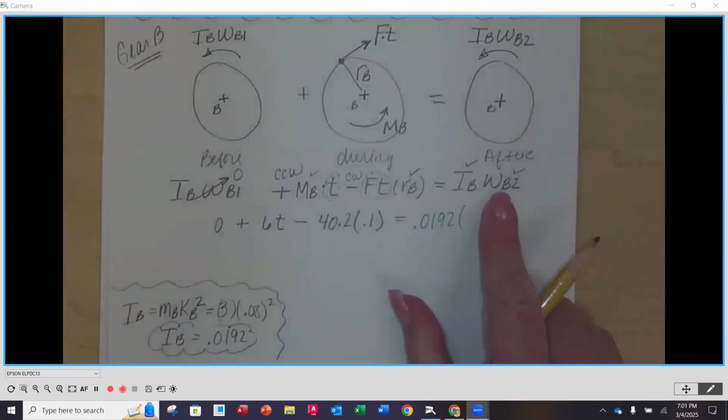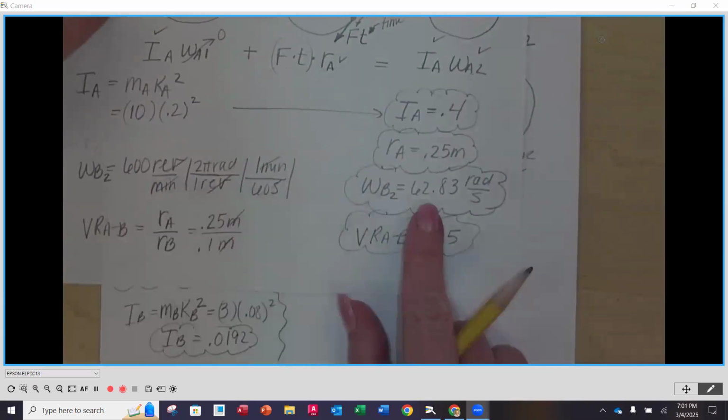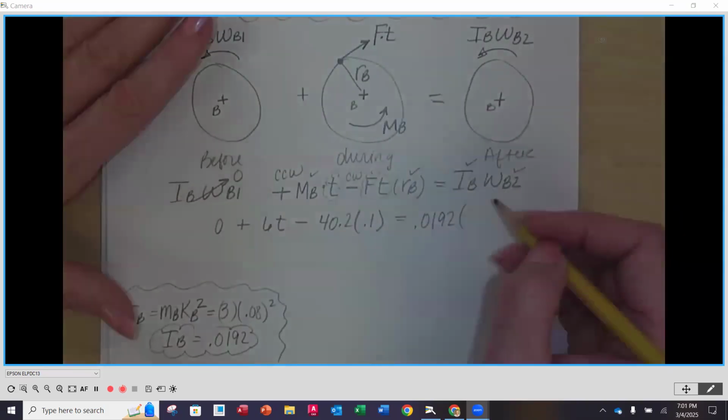And then I know the angular velocity at B2. We took that 600 rpm and converted it to 62.83 radians per second.